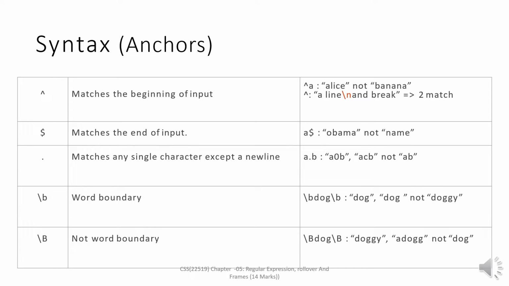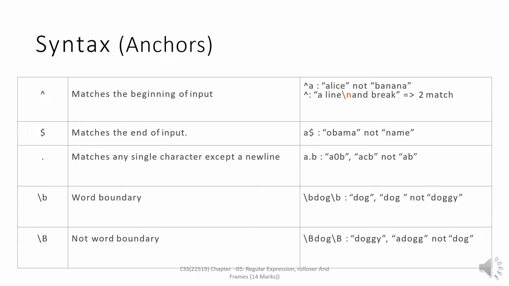This is the syntax for anchors. Caret ^ matches the beginning of input, for example ^A matches Alias, not Banana. Caret also matches a line break \n. Second is dollar $, which matches the end of the input, for example a$ matches Obama, not name.